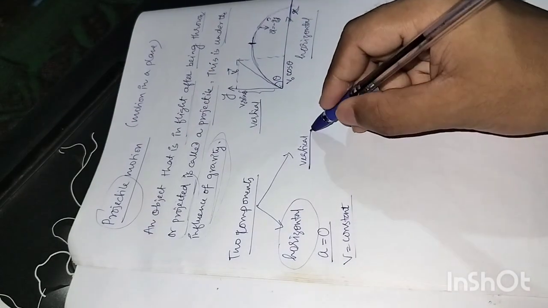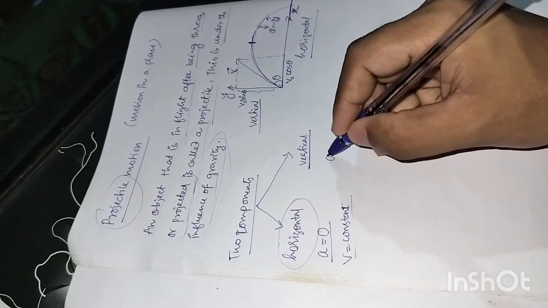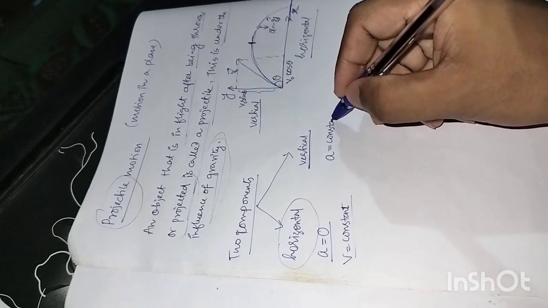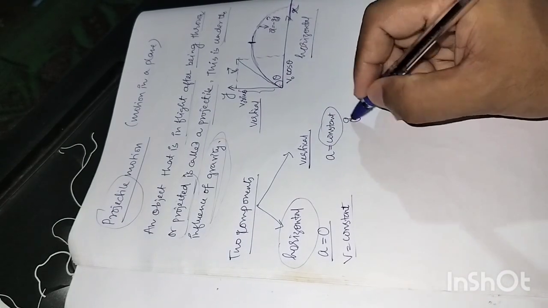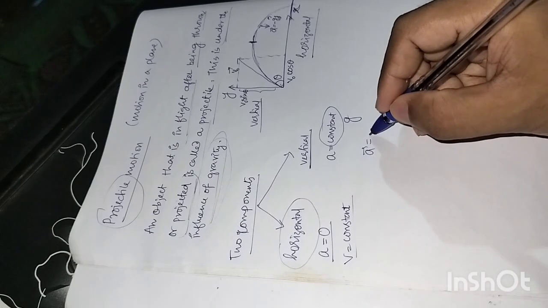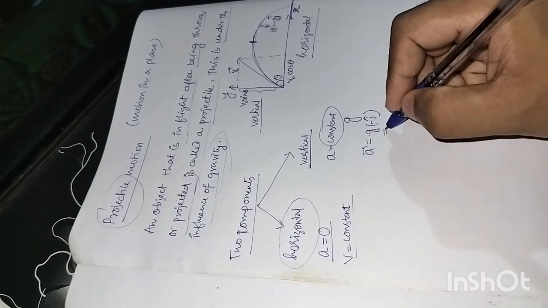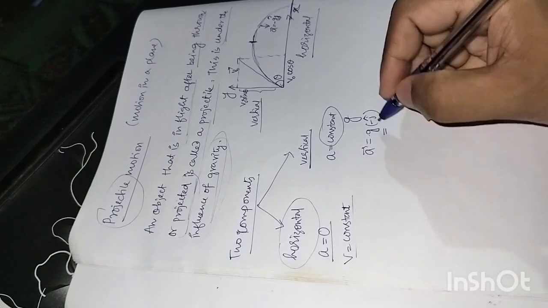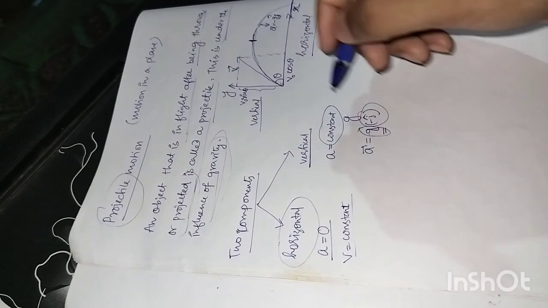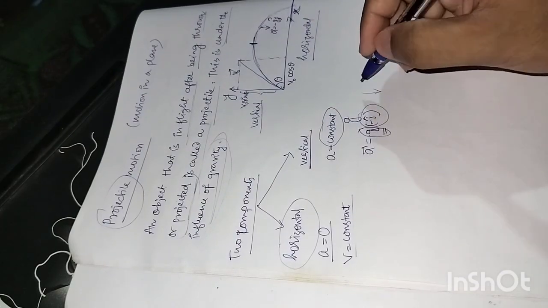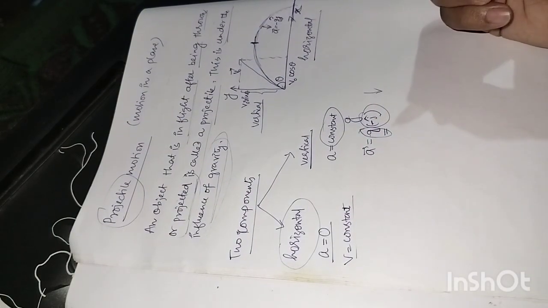In vertical cases this acceleration will be constant, and that constant is the acceleration due to gravity. So in vector form we can write a is equal to g into minus j cap. Here g is its magnitude, and j cap is the unit vector, and if it is in the downward direction, we simply put a negative sign.